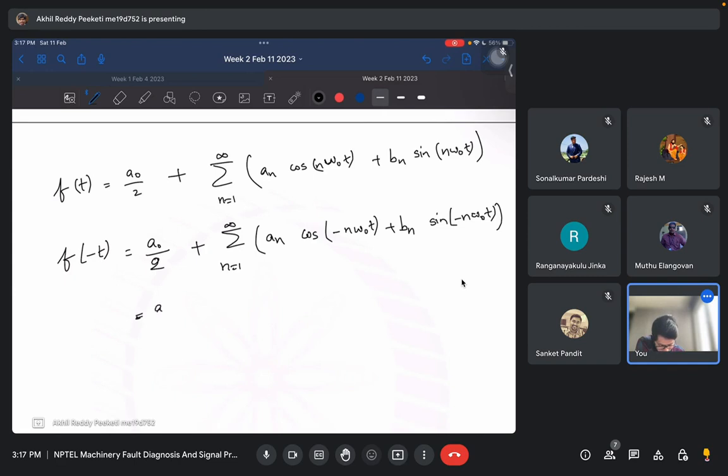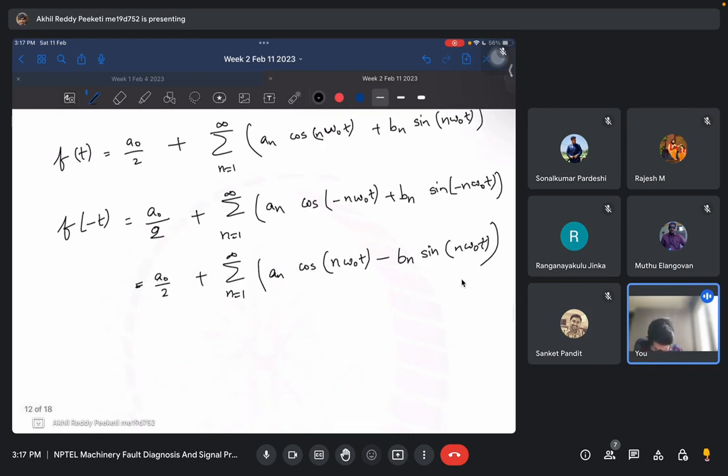Now cos of minus x is cos of x, but sin of minus x is minus sin of x. So this would become minus sin n omega naught t.